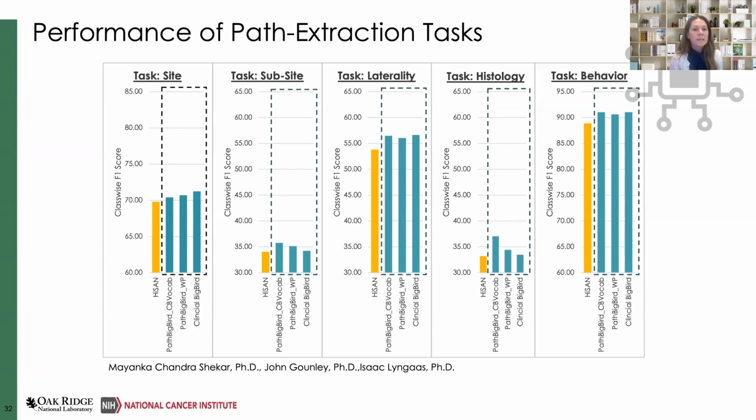And you can see here that we are much better at certain tasks than others. Perhaps our least well-performing models are for histology. And the exciting part is this is one of the most difficult tasks for us to predict, and the transformer model has improved upon that substantially. So very exciting work coming out of scientists in our group, and we hope to release it soon.